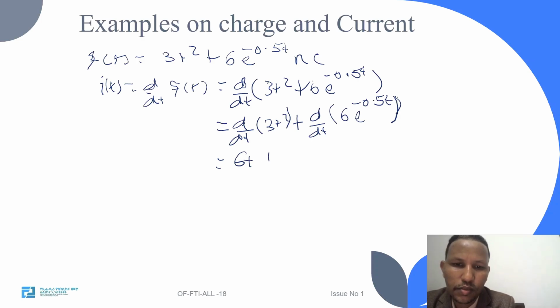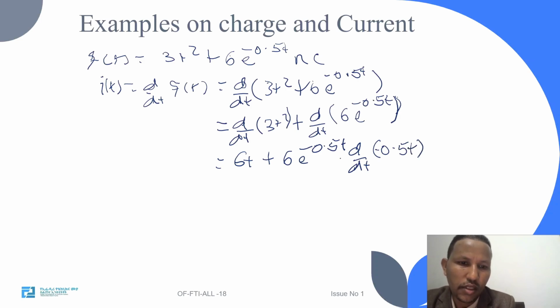So we have 6t plus 6 e raised to minus 0.5 t times d by dt of minus 0.5 t. Okay, so 6t plus 6 times minus 0.5 e raised to minus 0.5 t.